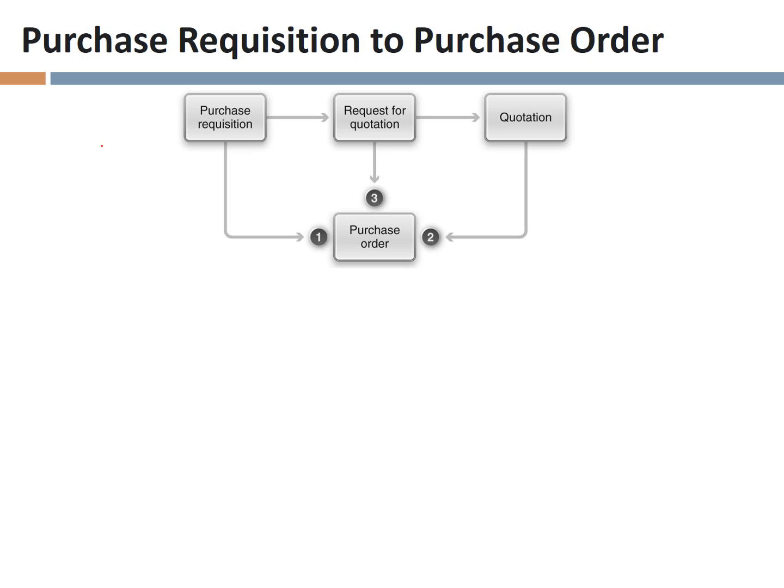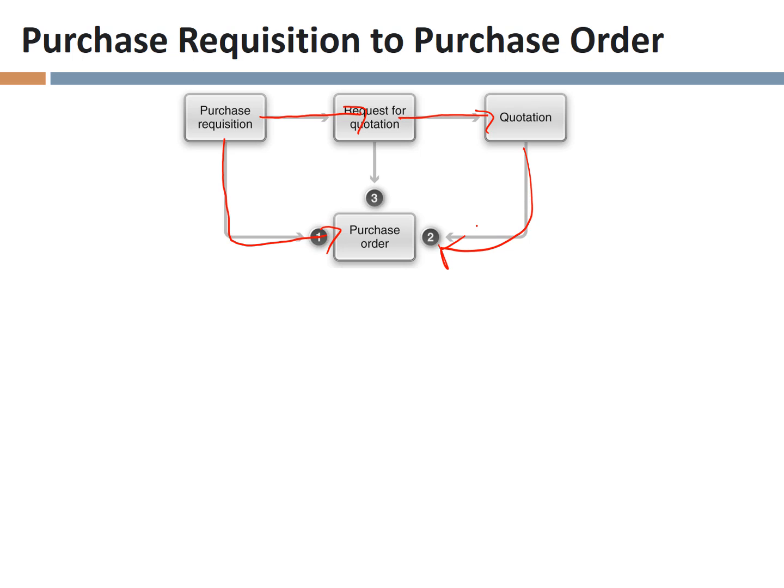We might already know who's getting this purchase order. So we go directly from purchase requisition to purchase order. That's pathway 1. Pathway 2 is we don't know who we're getting it from, so we engage in the request for quotation process. We get a quotation, and then we act on that quotation.